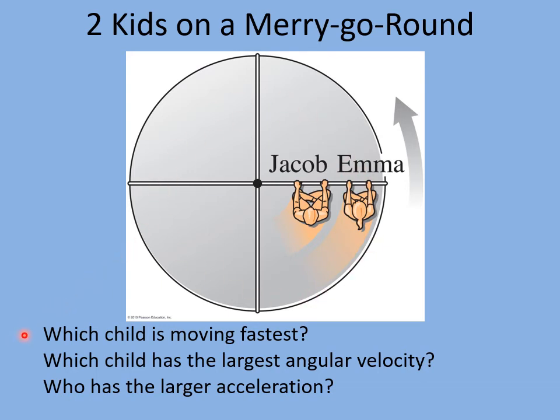So there's three questions here that I want you to think about. Which child, Jacob or Emma, is moving the fastest? Which child has the largest angular velocity? And which child has the larger acceleration? So go ahead and pause the video and see if you can come up with answers to these problems, and we'll discuss them shortly.